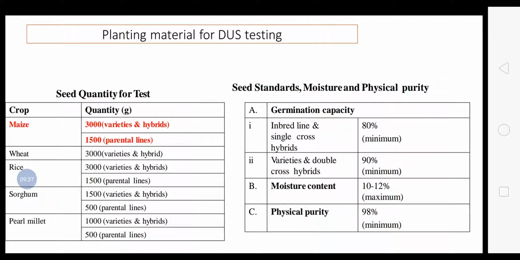Maximum moisture content is 10 to 12%, because more moisture content may deteriorate the seeds and may even make the seeds lose their viability. Then physical purity is minimum 98%.